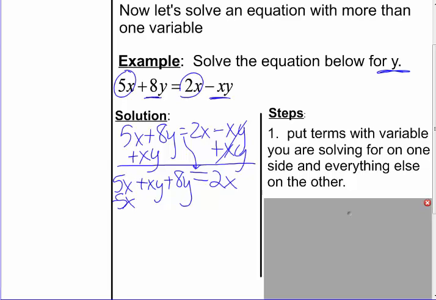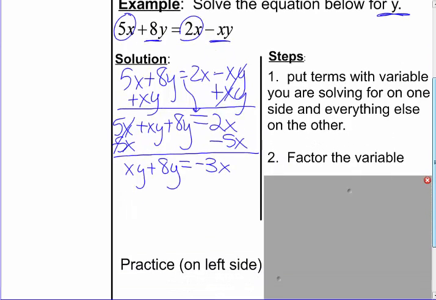So I'm going to minus the 5x, minus the 5x. So we have xy plus 8y equals 2x minus 5x. Since those are the exact same variables and there's no other variables with it, you can actually do that subtraction. So 2x minus 5x is negative 3x. Those are like terms. They both have the regular x variable.